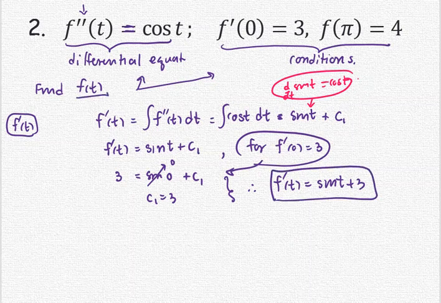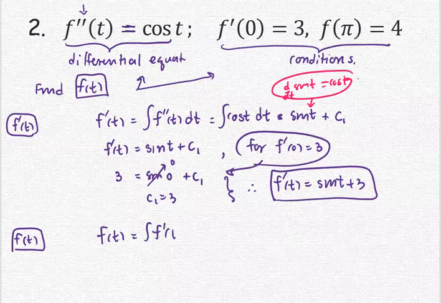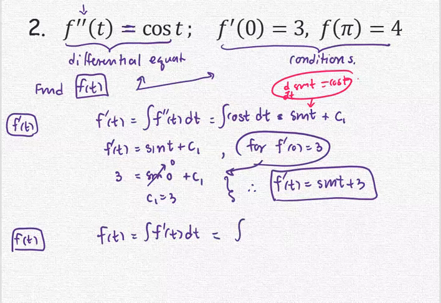Our goal is to find f at t. So the next round of antiderivative will give us the function f at t, which is the final answer. f at t is the antiderivative of the first derivative of f, which is the antiderivative of sine t plus 3 with respect to t.